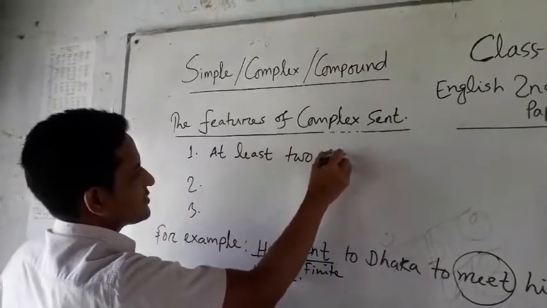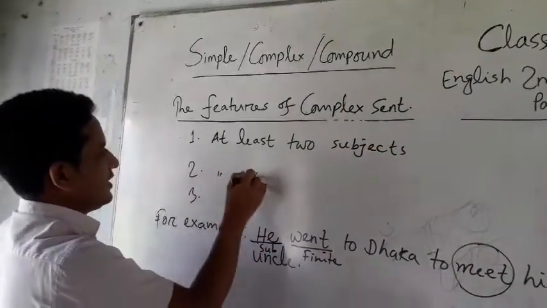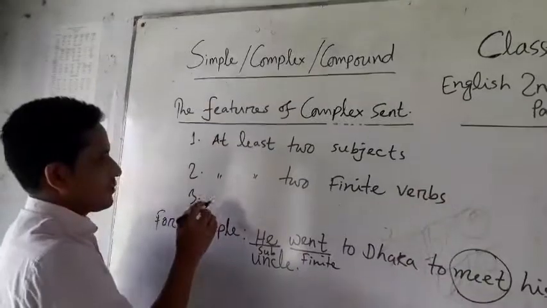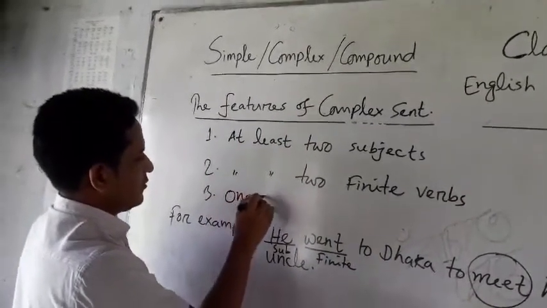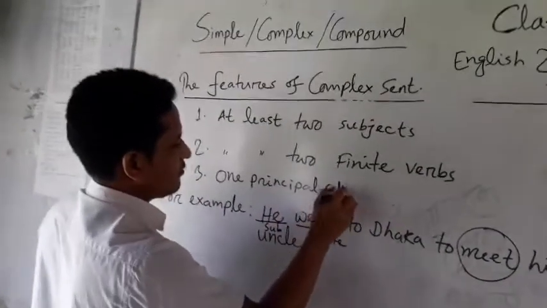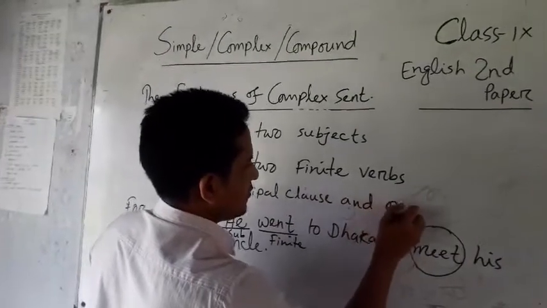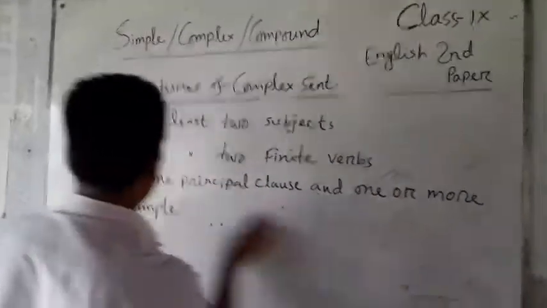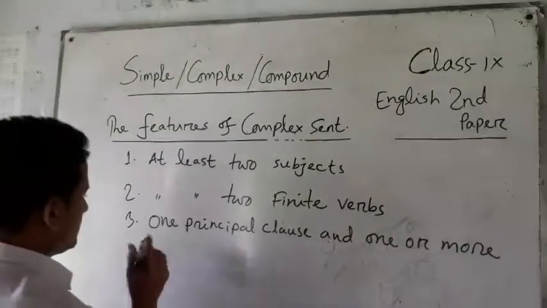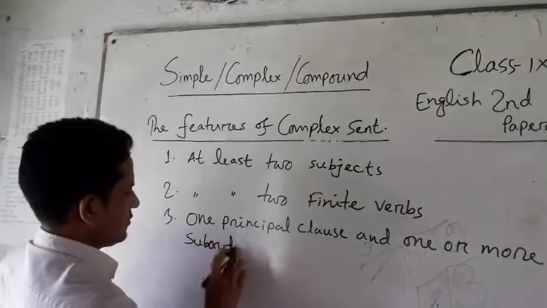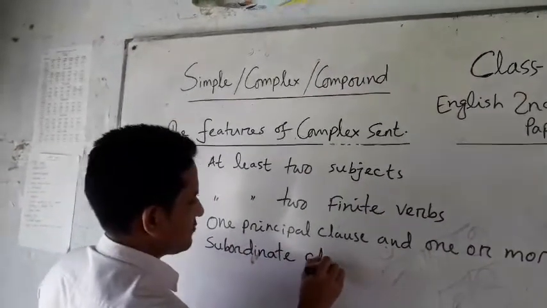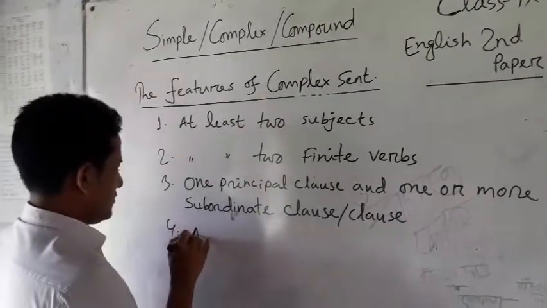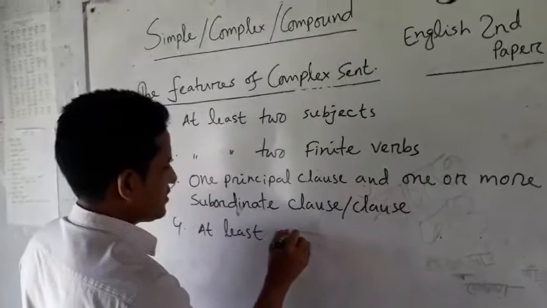At least 2 subjects, at least 2 finite verbs, one principal clause, and one or more subordinate clause or clauses, at least a conjunction.